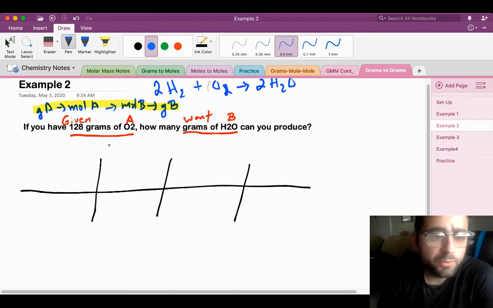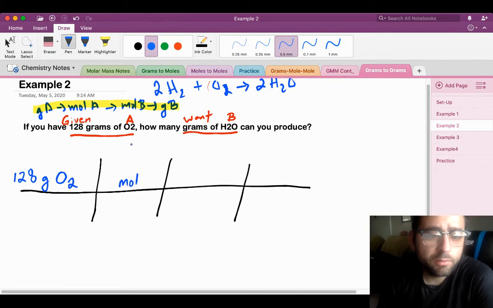So given, first box, I have 128 grams of O2. Next box is mole of A, so mole of O2. Third box, mole of B, so mole of H2O. And the last box is gram of B, so gram of my B is H2O.